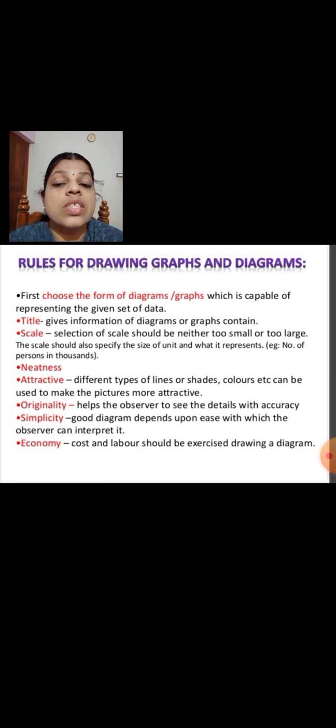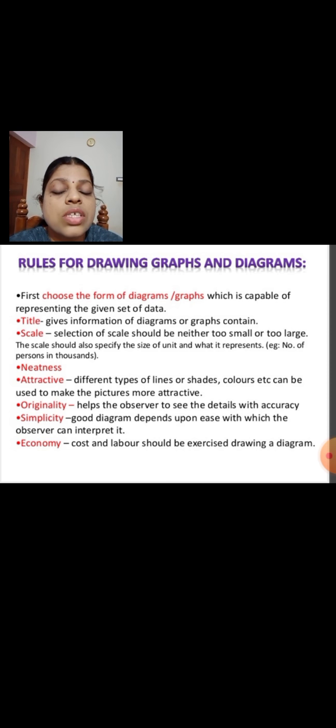The last one is economy. The cost and the labor should be exercised in drawing a diagram. What is that? Economy means the cost and the labor should be exercised in drawing a diagram. Who is drawing this? Human power, isn't it? Manpower.